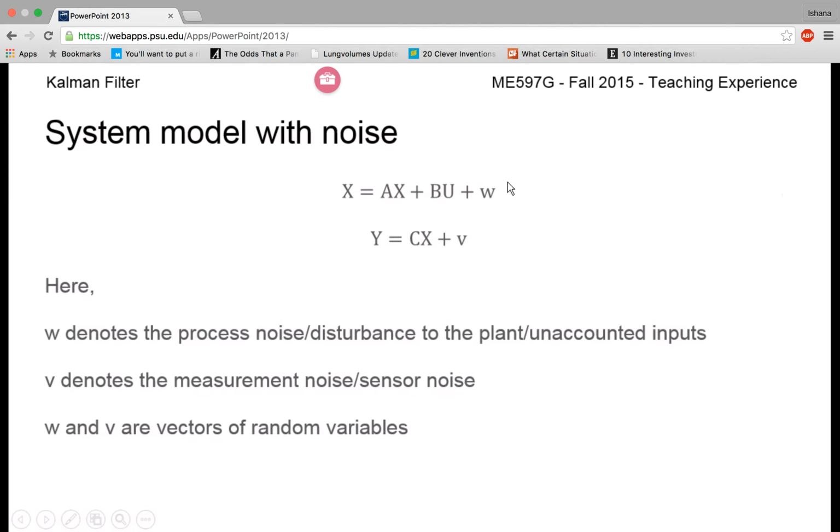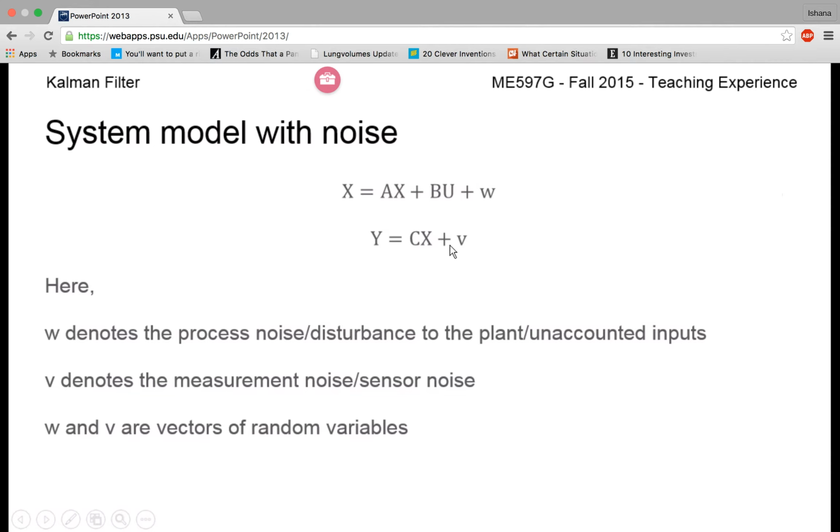So we've introduced these two vectors, which are basically noise vectors. Here, W is basically a disturbance which is added to the plant. So it is essentially just unaccounted inputs or some disturbances that may have crept up in the plant and is giving us unexpected results because of addition to this particular equation.